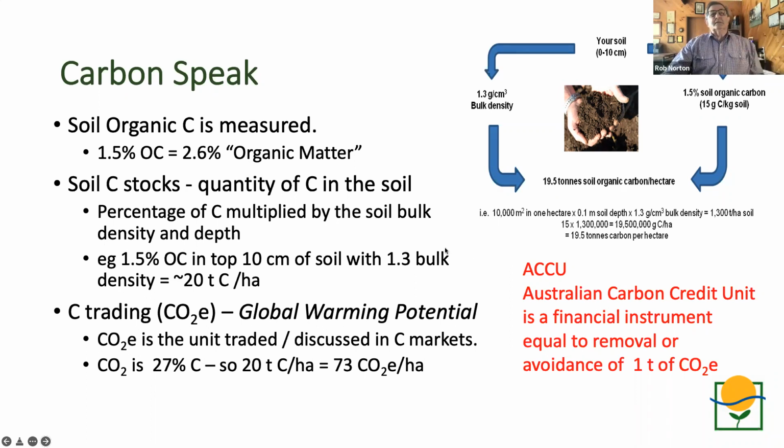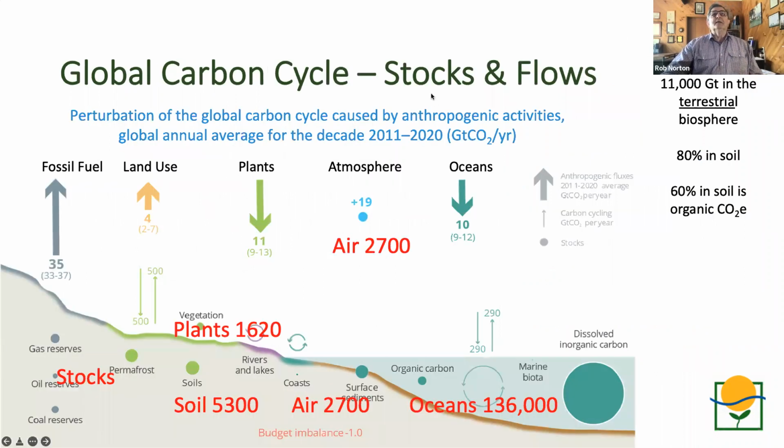So that's the carbon world. And when we go and look at some of the issues about carbon and transfers and flows, we talk about stocks and flows in the global carbon cycle. It may be a bit esoteric to you, but in fact, this is the basis on which we have to understand what's going on when we think about carbon trading. There are two things. The stocks are how much carbon, in this case, gigatons of carbon dioxide.